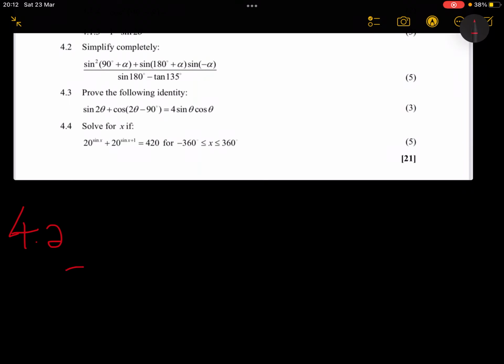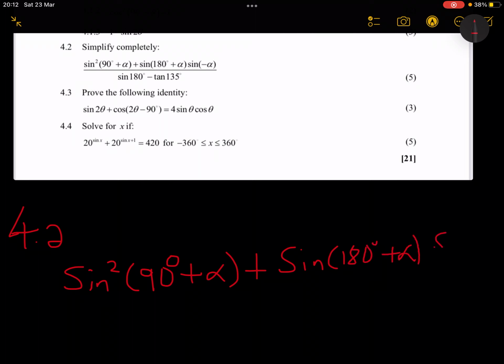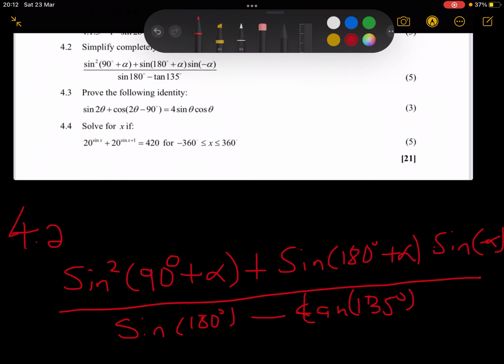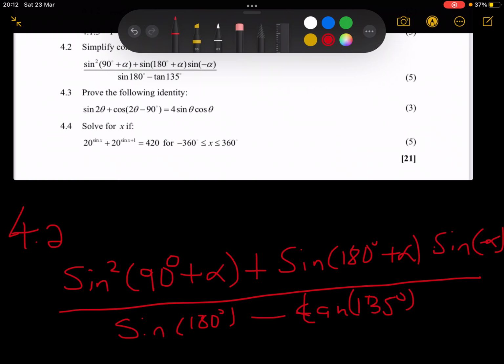You say simplify sine squared of (90 plus alpha) plus sine of (180 plus alpha) times sine of negative alpha, all over sine 180 minus tan 135.